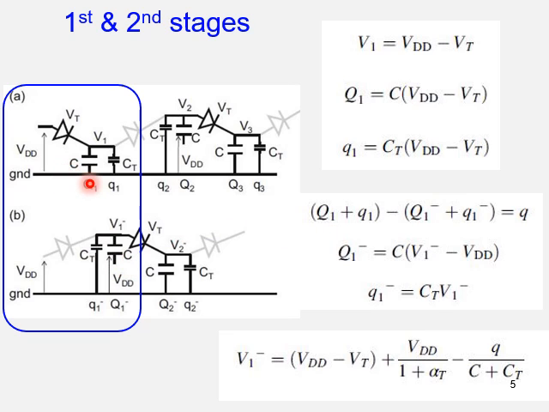Then in the next half clock, the bottom plate of the first capacitor goes up to VDD. Then after half cycle time passes, at that moment those capacitors store the amount of charges like this, Q1 minus.